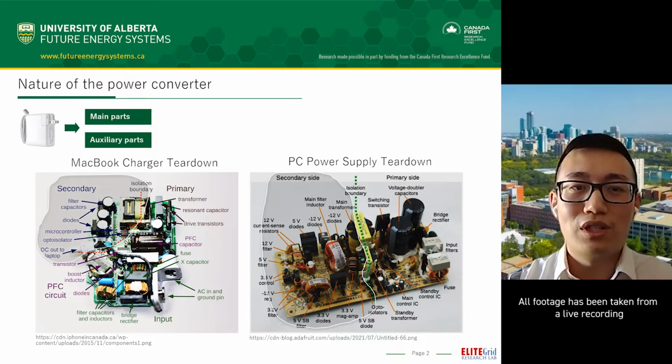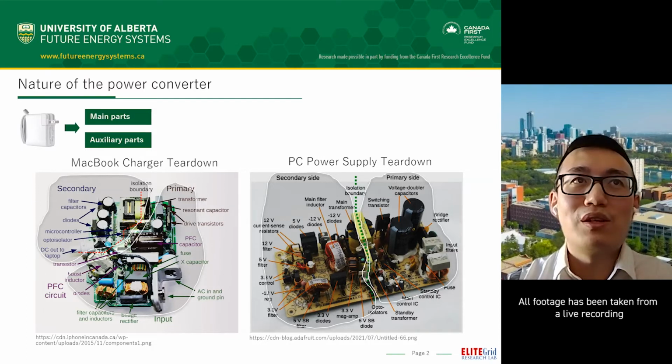We see here a secondary side of the device and also a primary side. They are separated by the transformer. In practice, there are more converters that could share the similarity, and we cannot easily tell. In fact, a power converter is more than a simple box.